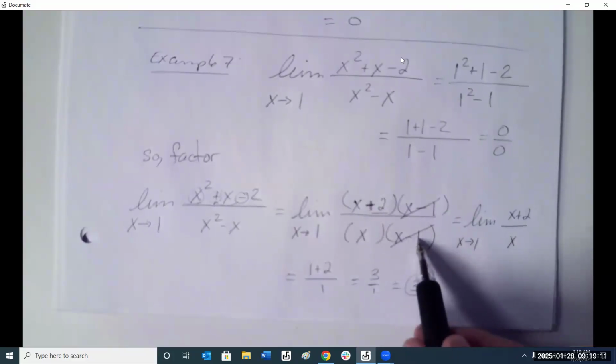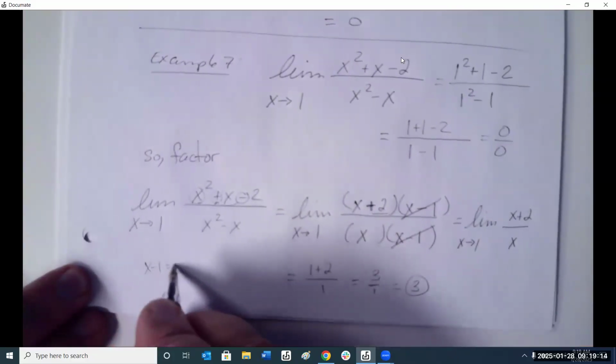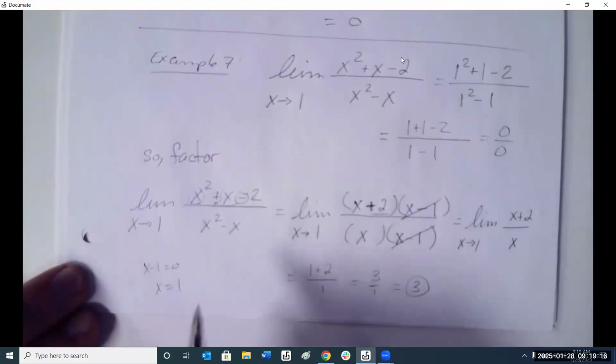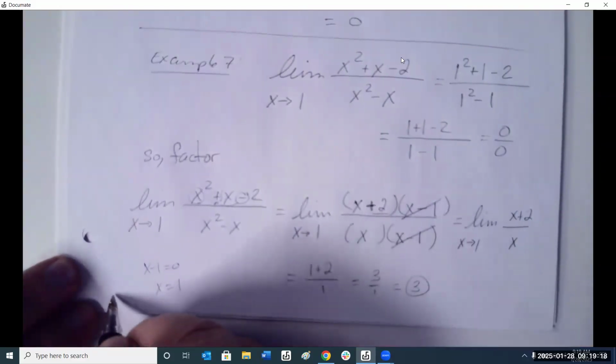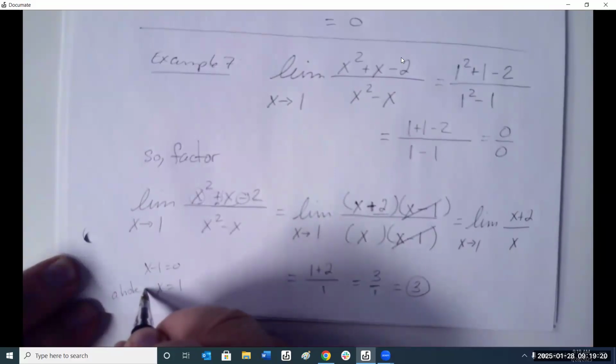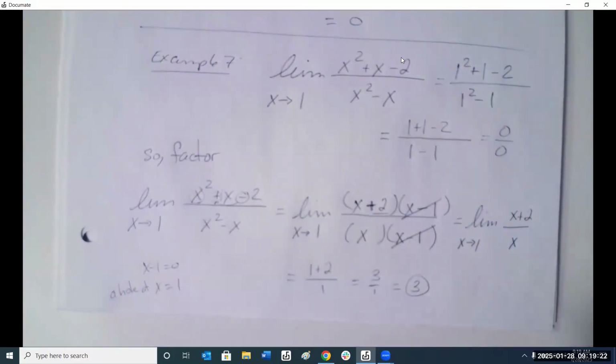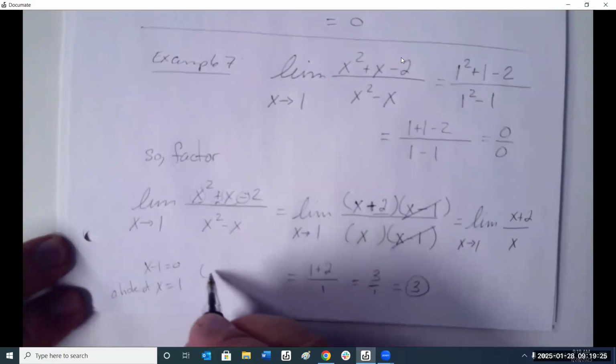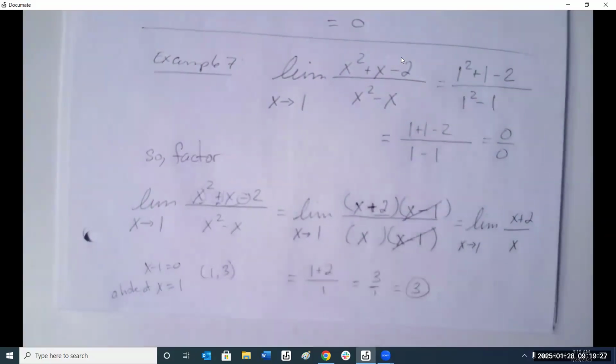Since we canceled the x minus 1, take x minus 1 and set it equal to 0. So we have a hole when x equals 1. So we have a hole at (1, 3).